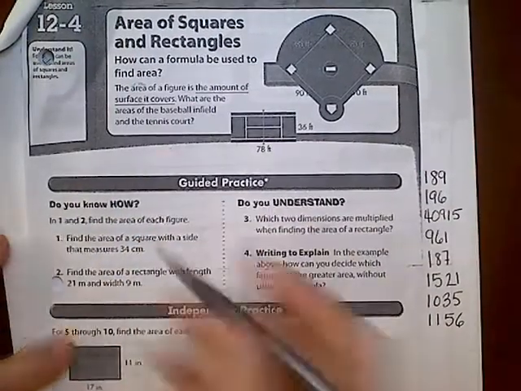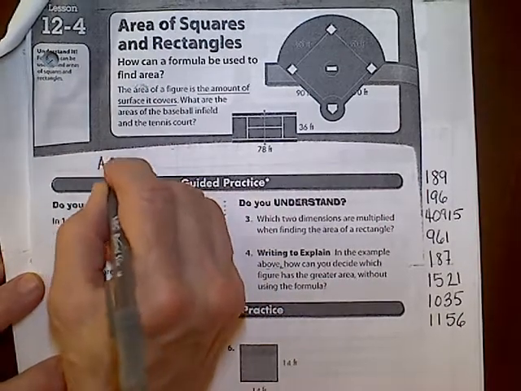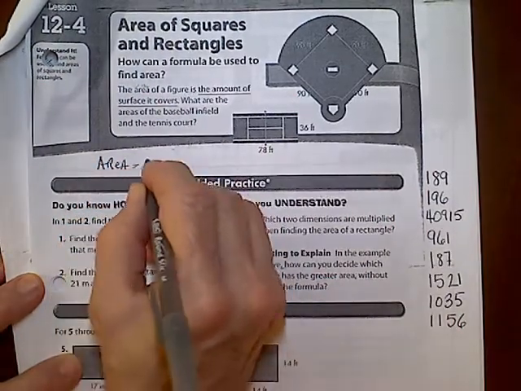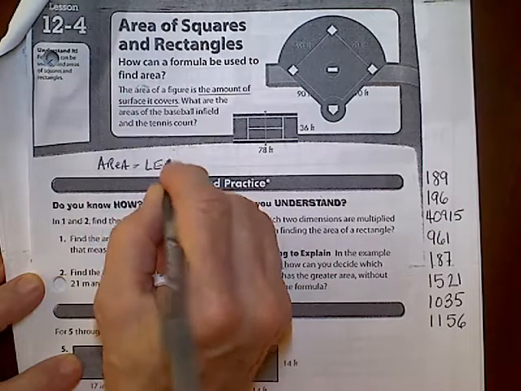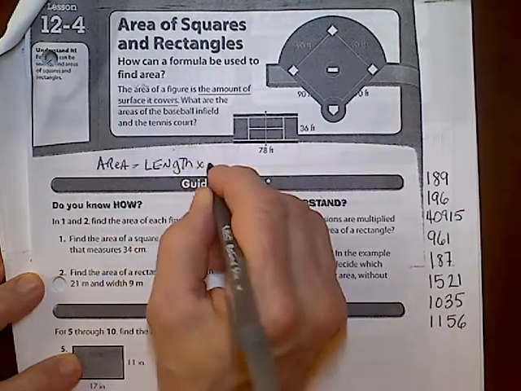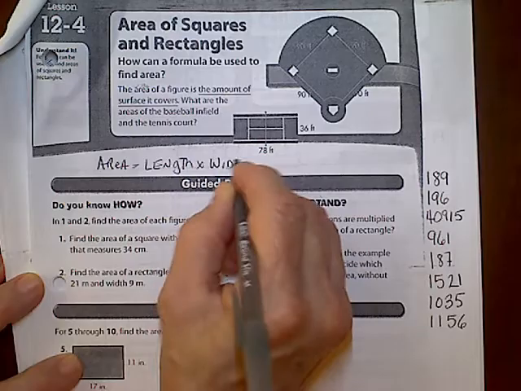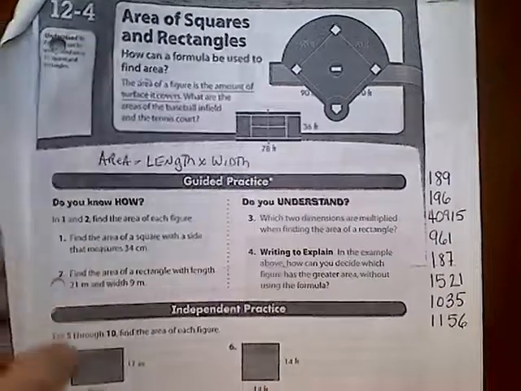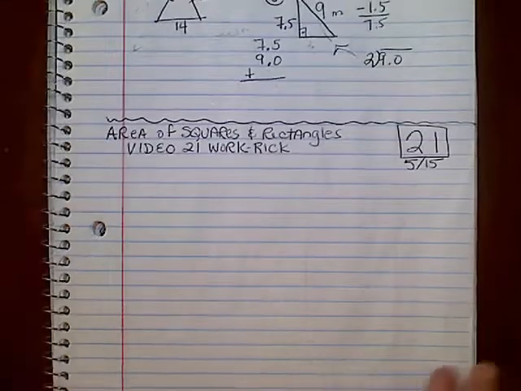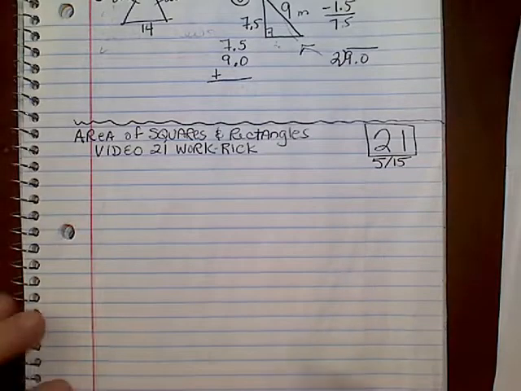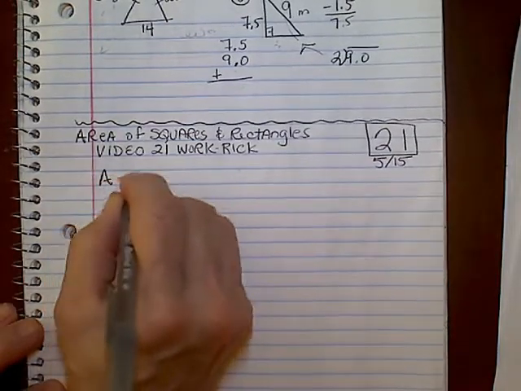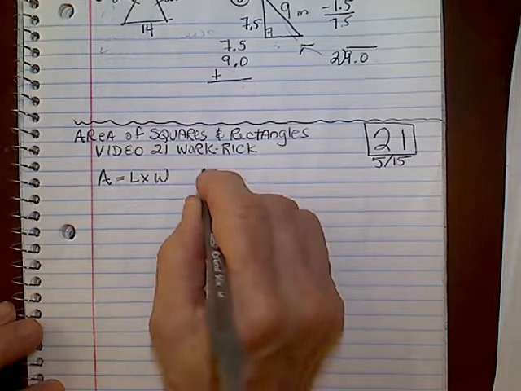Now that formula, you probably had it last year, was area equals length times the width. And I will, in the spiral, just give a very, very basic picture. So again, area equals length times width.